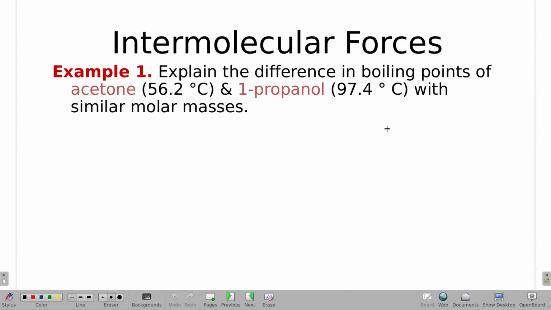All right, let's see if we can understand what's going on with some of these things. So let's see if we can understand the difference between the boiling points of acetone and propanol. Now, if you were to get something like this on the test, you would also get a Lewis structure of those molecules. So acetone has 2 carbons with 3 hydrogens off each, and in the middle there is a carbon double bonded to an oxygen.